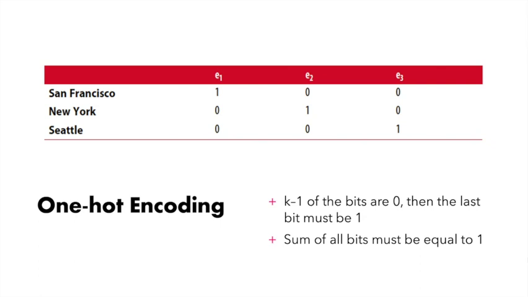One-hot encoding is quite simple to understand, but it uses one more bit than is strictly necessary. For example, if we see that k minus one of the bits are 0, then the last bit inevitably is 1, because the variable must take one of the k values. Mathematically, we can write this as the sum of all bits equals 1.